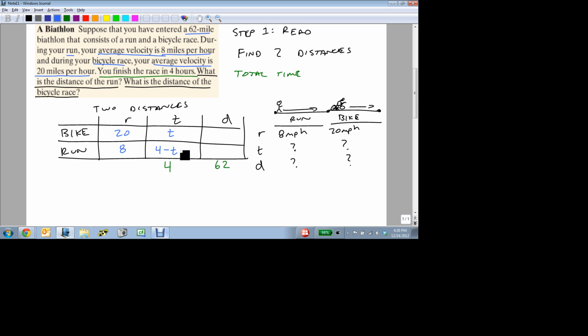And then remember, we're doing step 2 and step 3 kind of together, that our distance is always rate times time. So we can always take these, multiply them together, and set them equal, to get 20t and 8 times 4 minus t.